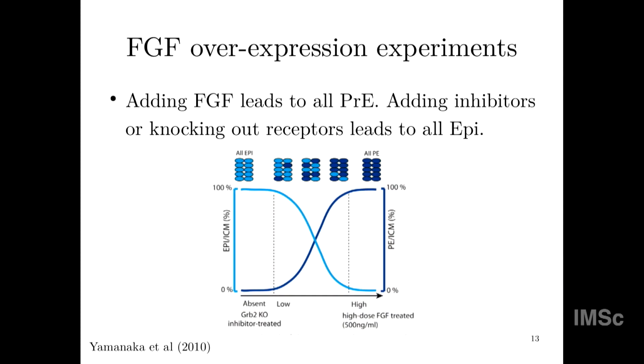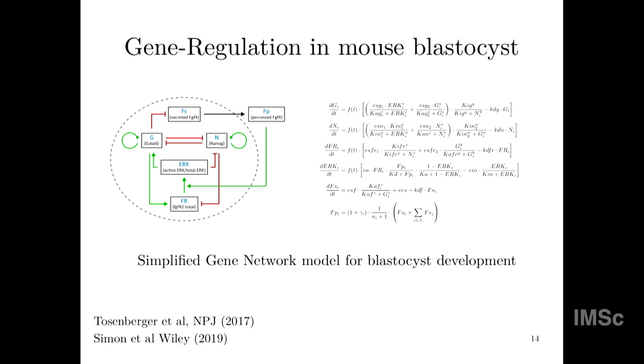Okay, so now, you can again look at what's happening inside the cell, and that's something you can do. And again, it turns out there are some genes involved. People think these genes mark the expression of either the epiblast or the primitive endoderm. And this is a very simplified circuit of what's going on.